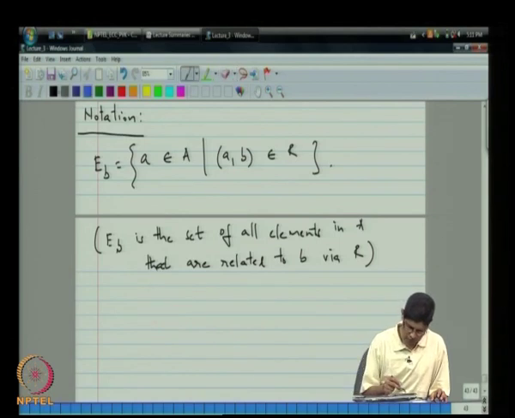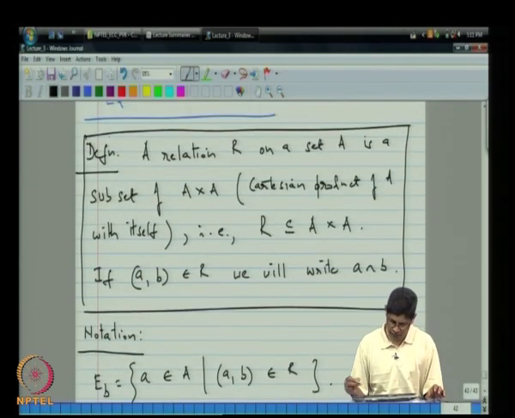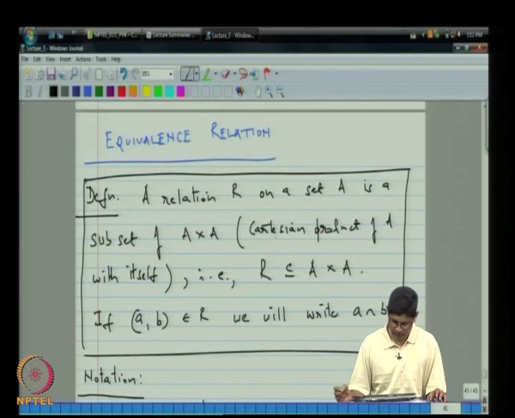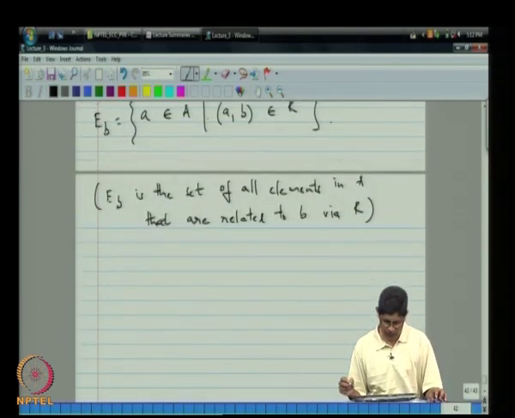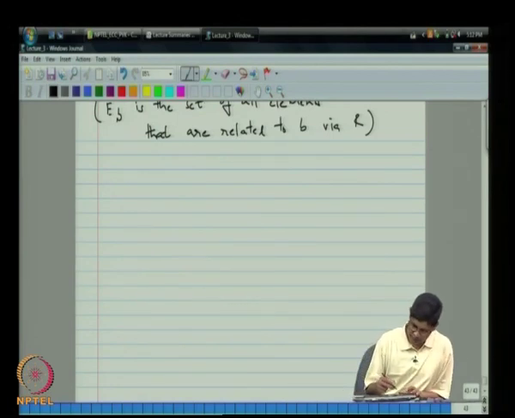Okay. There is one other point that I need to take care of. Within the class of relations, there is a class of relation known as an equivalence relation, which satisfies certain additional properties.